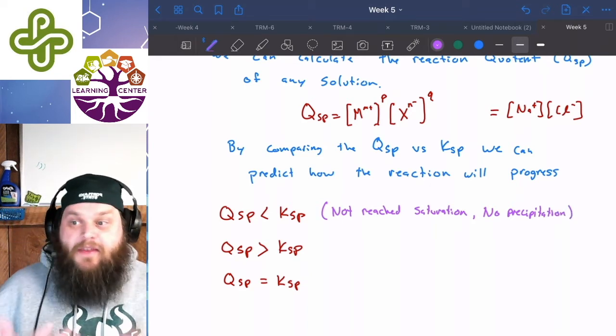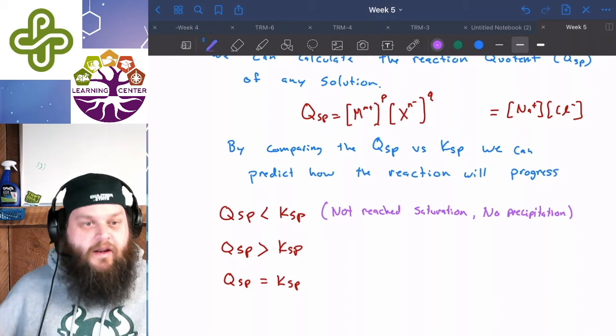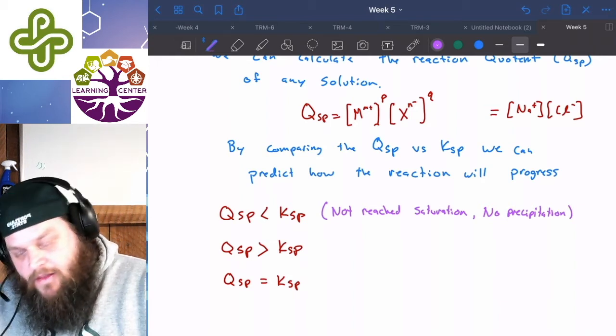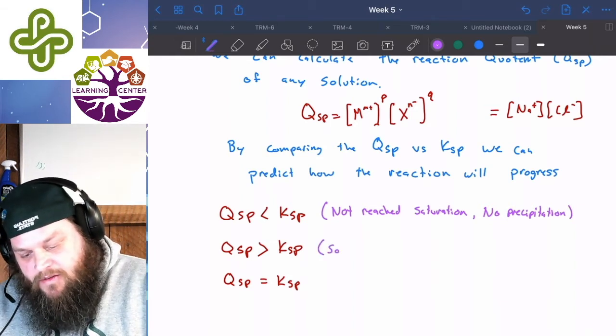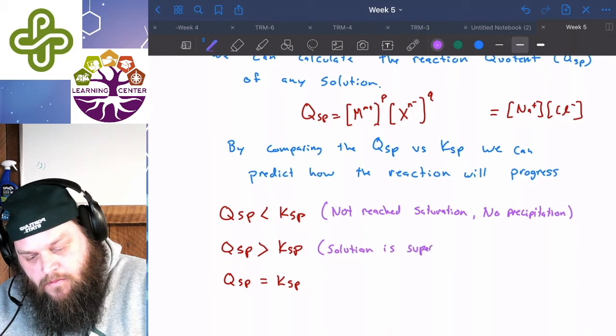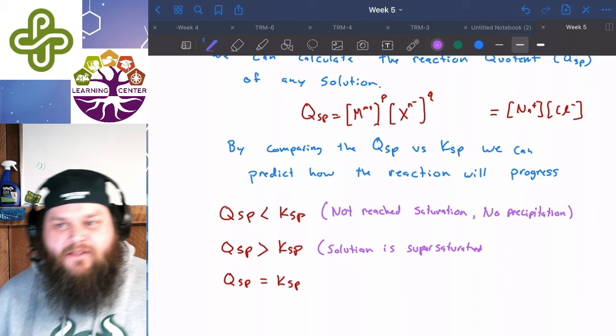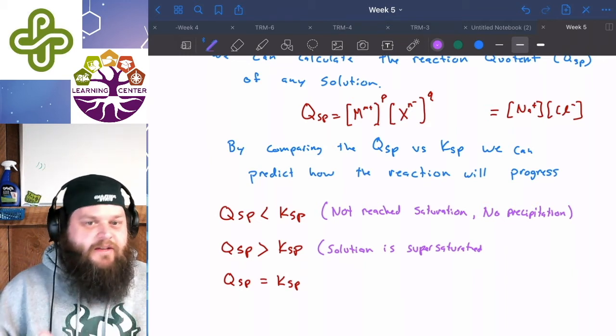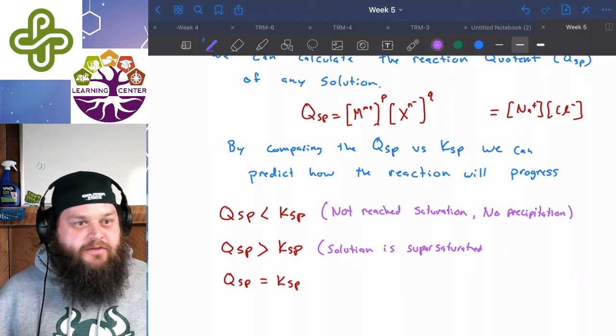So you could probably guess that if the QSP is greater than the KSP, that means the solution, we call it supersaturated. That means it's not only reached saturation, it's gone beyond saturation.